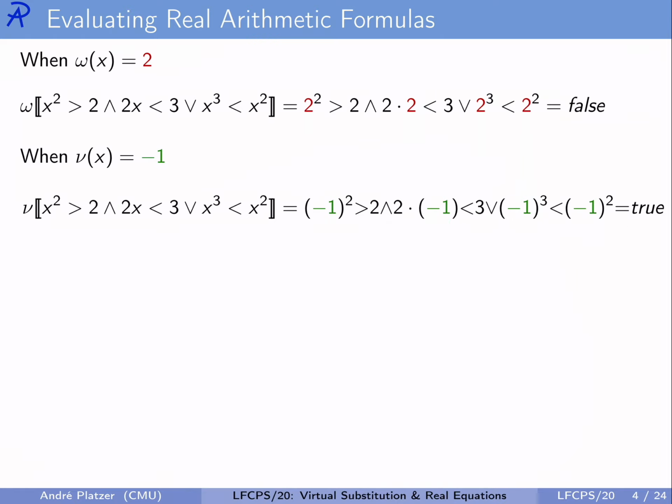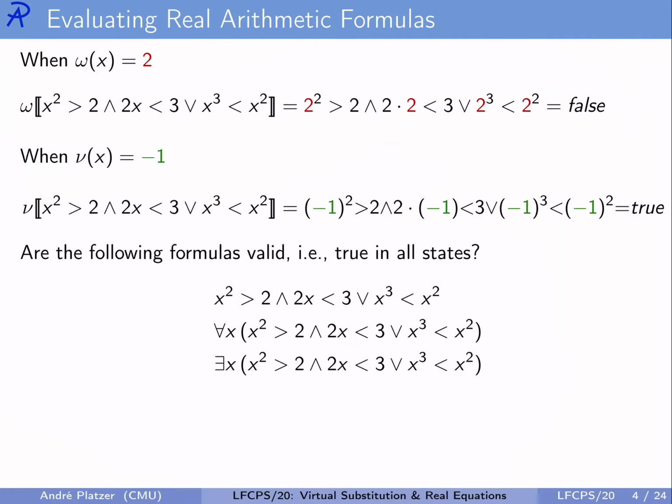So we have two very different truth values, and of course, for concrete choices of real numbers for each of the variables, it's a piece of cake, completely trivial to evaluate real arithmetic. But the point is, how do we decide whether real arithmetic formulas are valid, so true in each and every state? Well, in order to get there, let's look at a slightly different one.